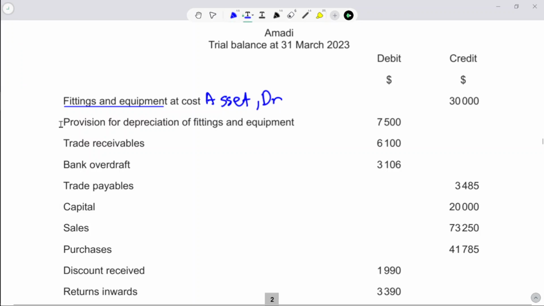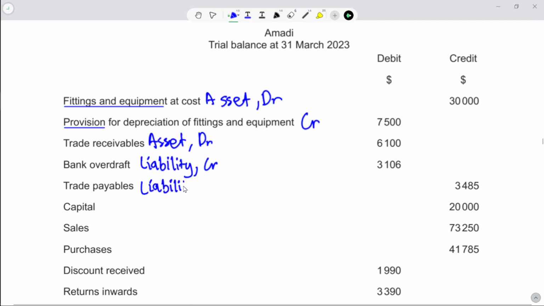For provision, always credit, opposite side, so credit. Trade receivable is an asset, so we debit. Bank overdraft is a liability, so we credit.